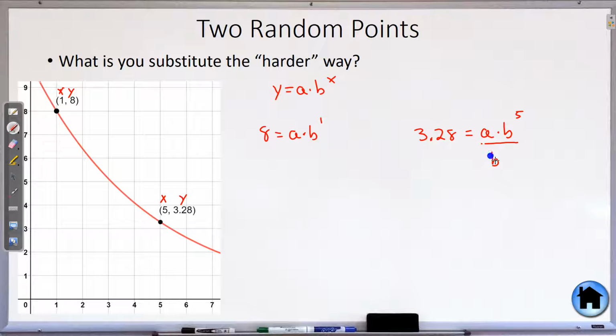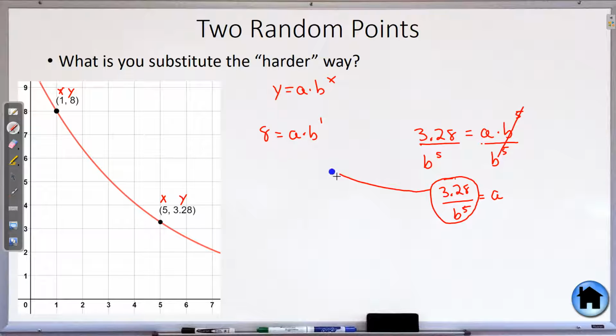So if I divide by b to the fifth on both sides to get a by itself, we get 3.28 over b to the fifth. We still do the same step. We take this and plug it in for a in the other equation.